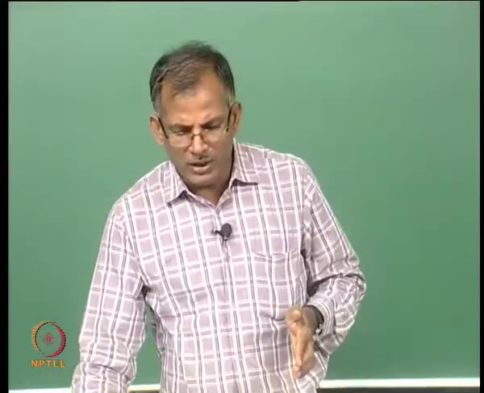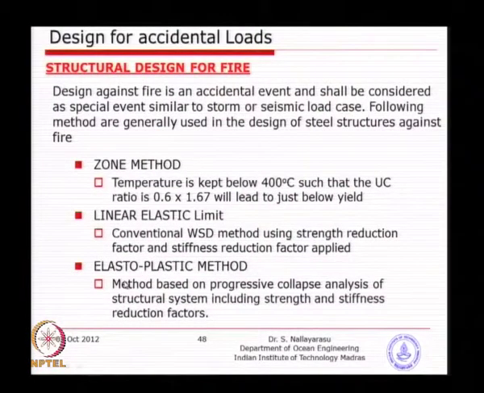The elastic and elastoplastic method is typically a second order analysis, both material and geometry, because it is a large deformation problem and the material itself is continuously changing, which is normally not done except for very specific cases. What we are looking at is the ultimate capacity, not the elastic capacity.